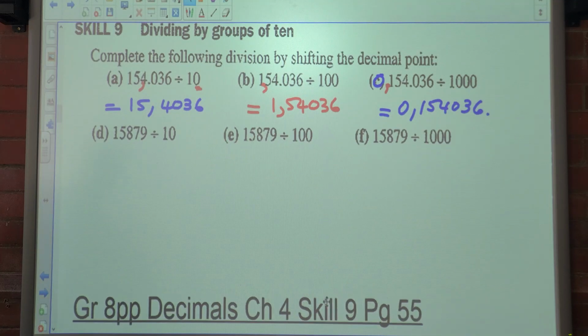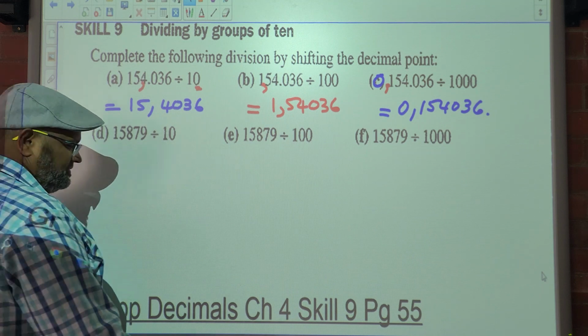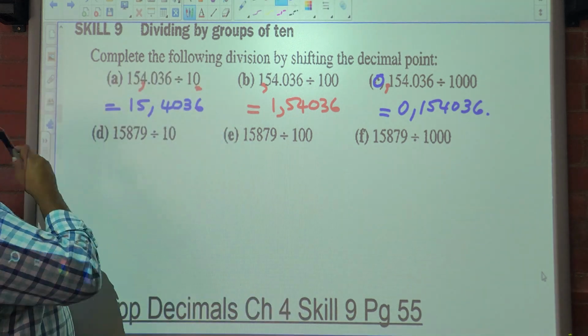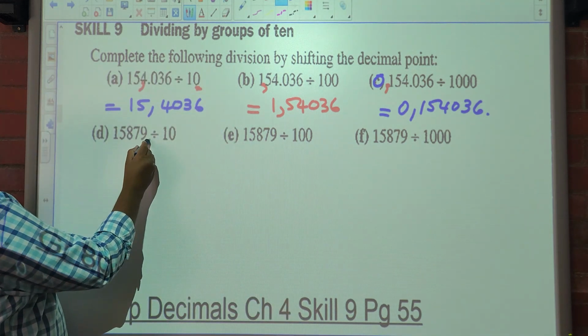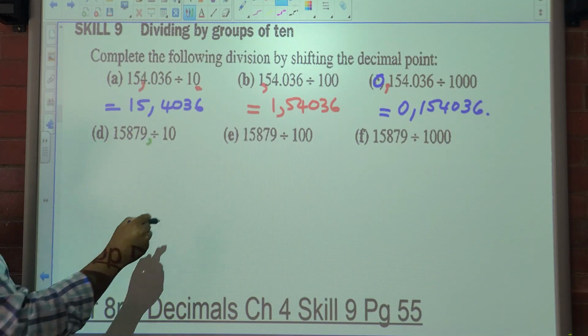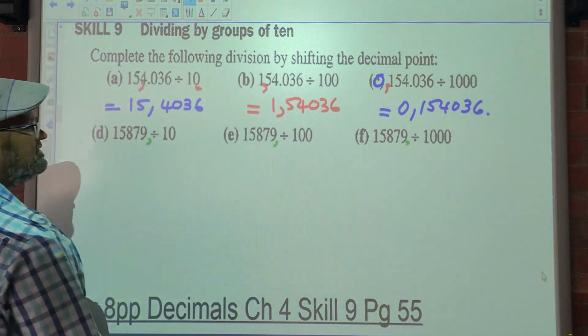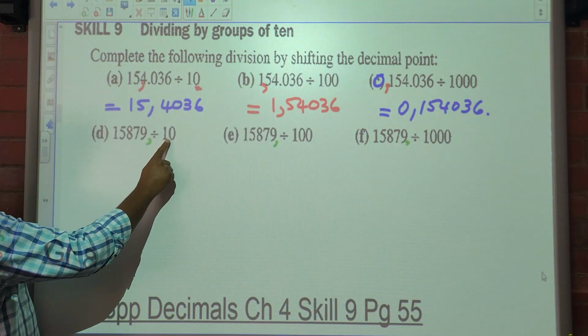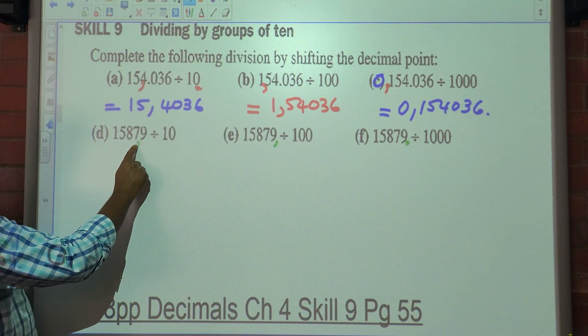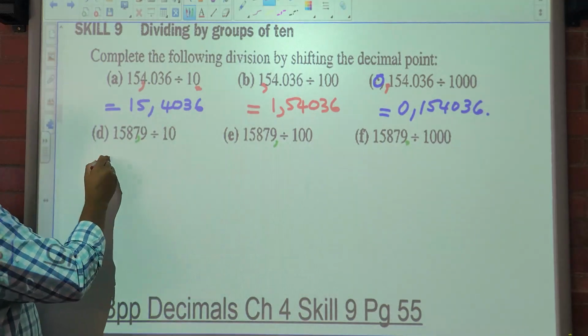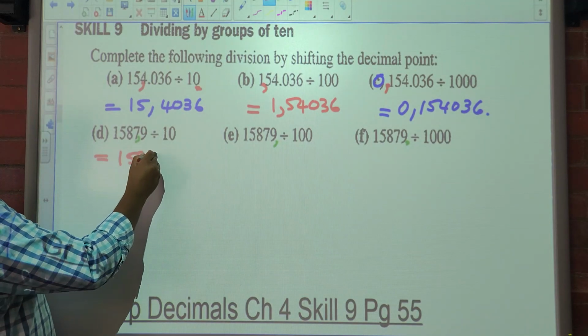Let's look at D. I think this was a lot. Okay, so this comma, if there's no comma, it's after the 9. No comma here, so after 9. So how many units must this one move? 1. So this answer is 1,587,9.